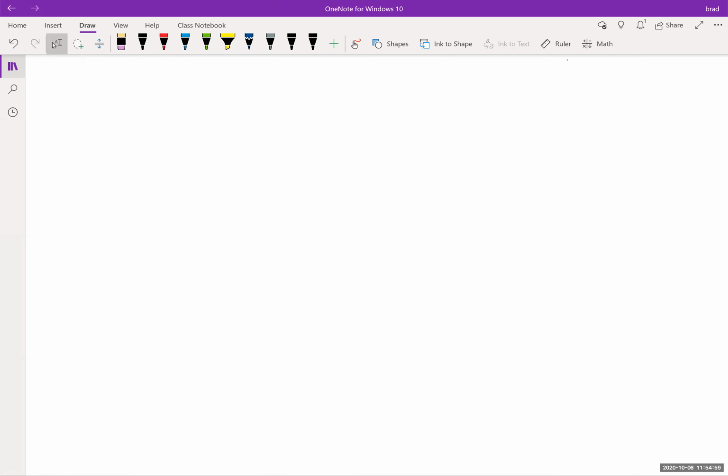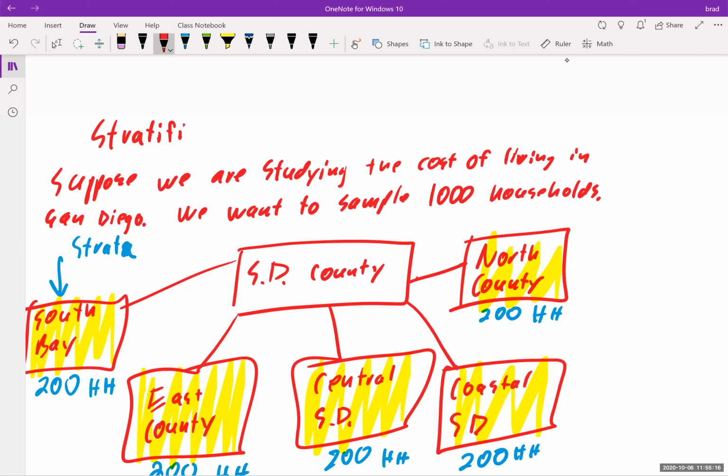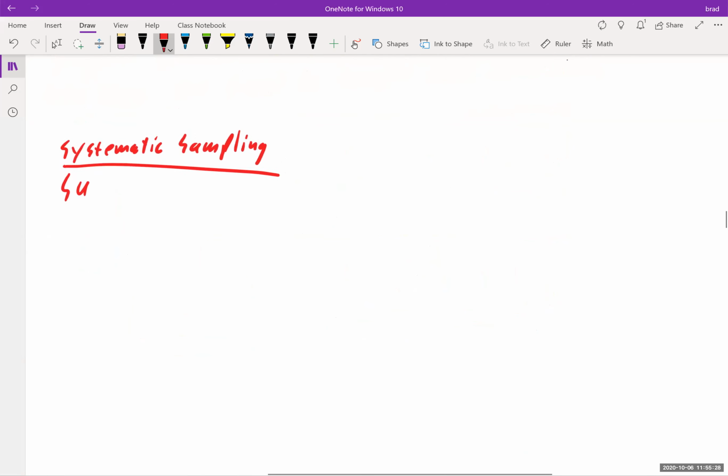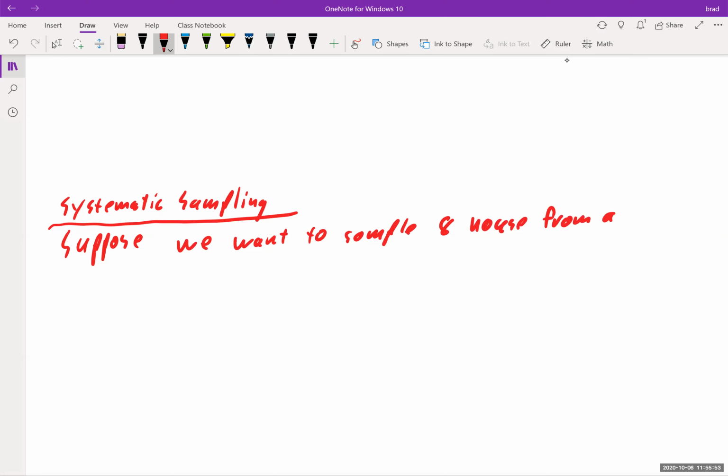Okay, so let's say in systematic sampling, suppose we want to sample 8 houses from a street of 120.